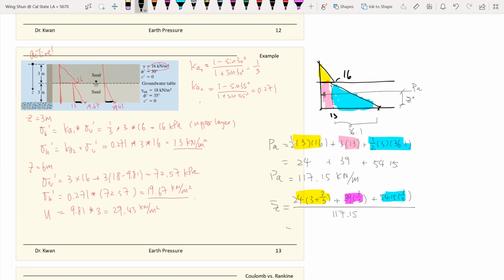Then we solve for this, and we got 1.78 meters. Which means the resultant force acts at a height of 1.78 meters from the bottom, and the resultant force for this retaining wall under active conditions is 117.15 kilonewtons per meter.